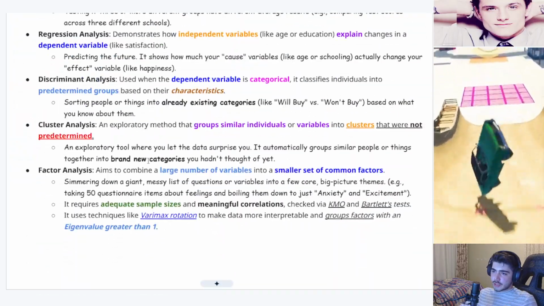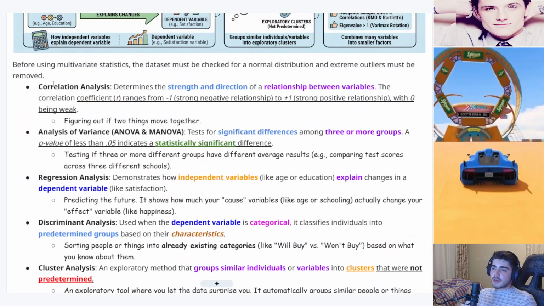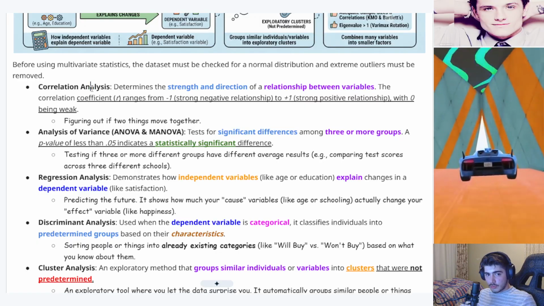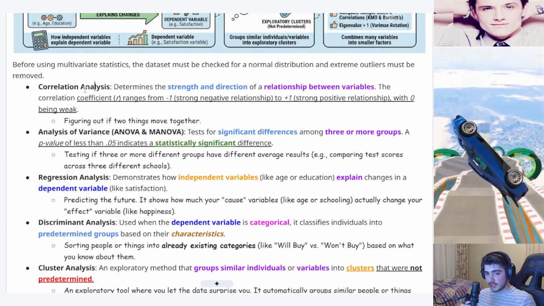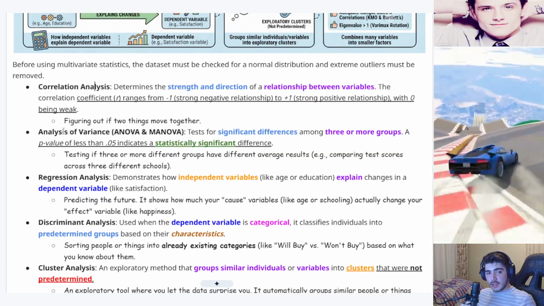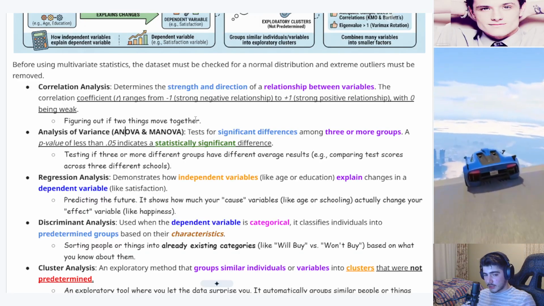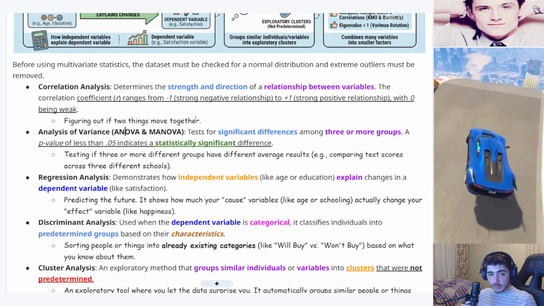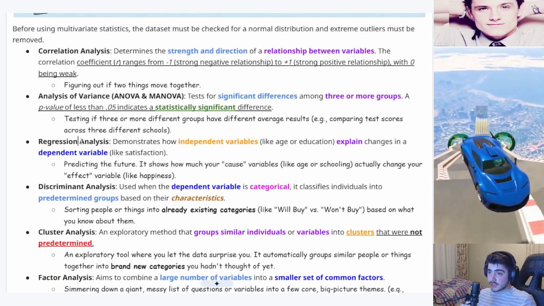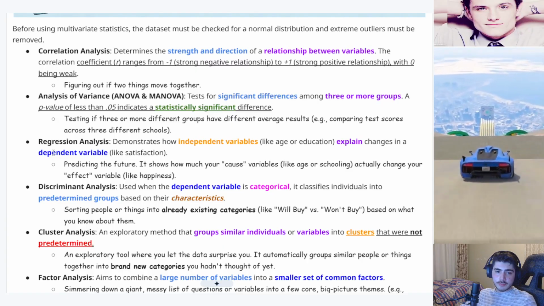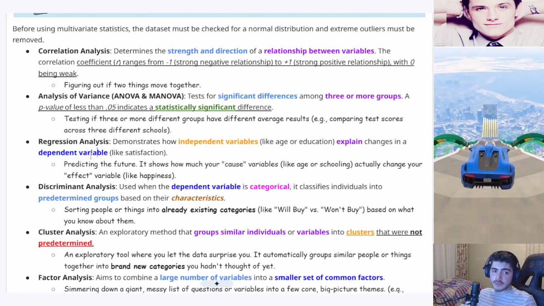In short, looking at these eight again, correlation analysis asks whether or not two variables have any relations with each other. Analysis of variance looks at if there is a significant difference between three or more groups. Regression analysis tries to find out if your independent variables actually affect your dependent variable.